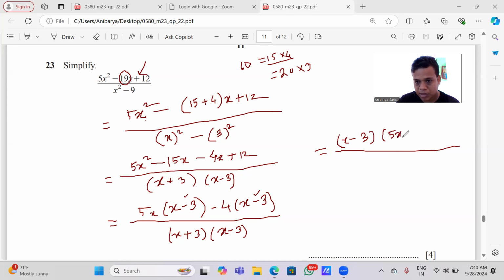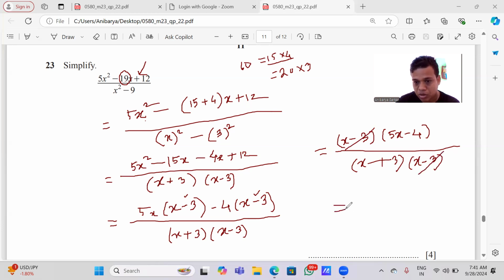5x minus 4. And in the denominator, a square minus b square means a plus b into a minus b, so x plus 3 into x minus 3. Now on both sides, x minus 3 will be cancelled out, because the same factor is in the numerator and denominator.